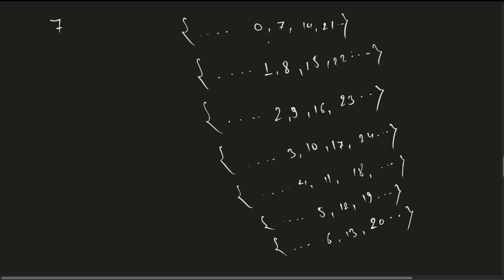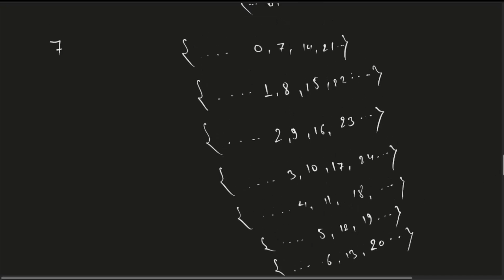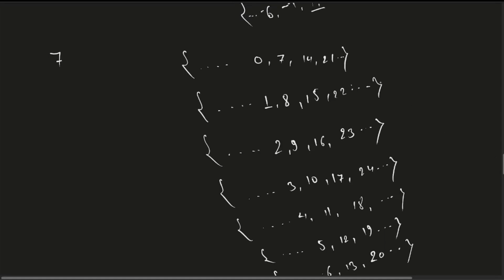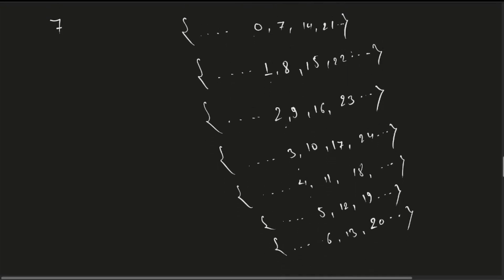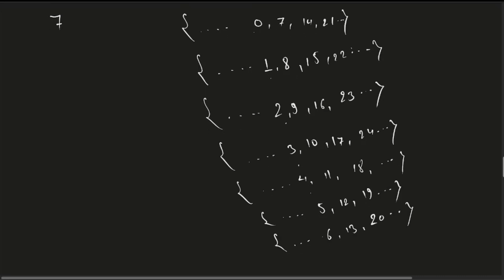Here we have 1, 2, 3, 4, 5, 6, a total of 7 of them, and we should be getting everything from 0 to 7. So we have 0, then 1, 2, 3, 4, 5, 6, and then the 7 right here. Now I would love to use this equivalent set to do a computation.